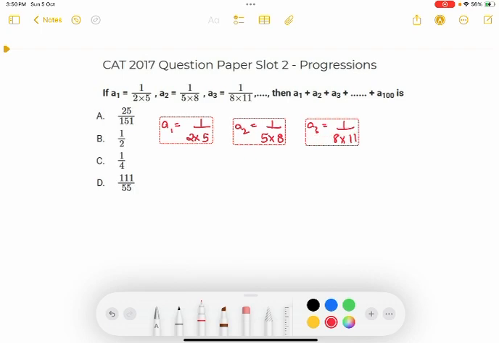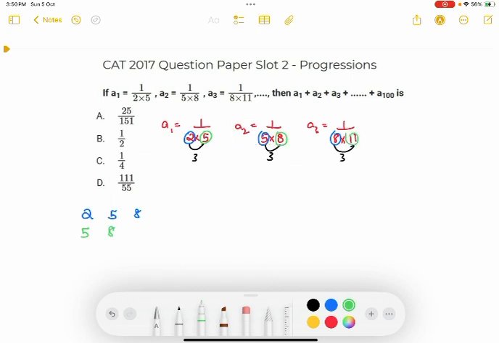Now if you see this pattern, there is a difference of 3, there is again a difference of 3, and again a difference of 3. See one more thing: the first terms are 2, then 5, and then 8, and the second terms are 5, then 8, and then 11.